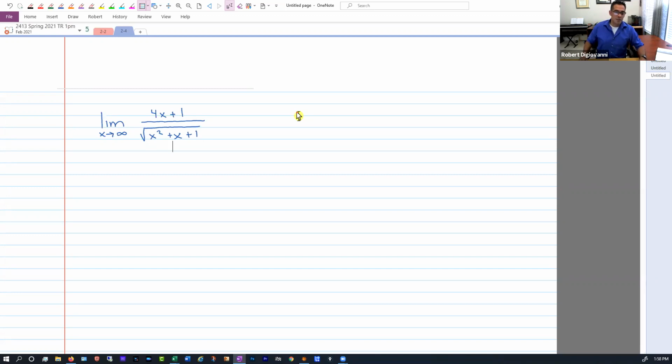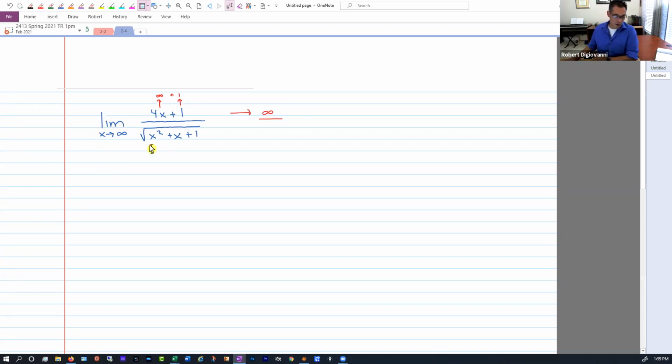This is different because we have a square root in here, right? It's going to change things a little bit. But as we've been doing, let's go ahead and just let x go to infinity and think about what happens. So as x goes to infinity, 4 times infinity is infinity. Plus 1, right? So the top heads to infinity.